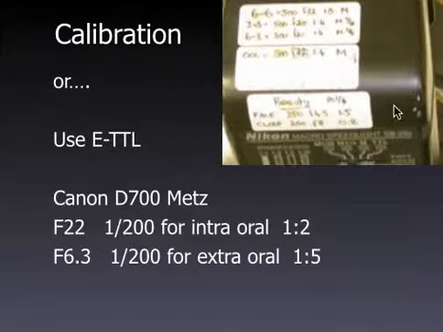So my old camera, which is totally manual, I write the settings down. For my new one, which is totally electronic, so totally automatic, I have it on f22 1/200th for intraoral and f6.3 1/200th for extraoral, and let the flash do its stuff.